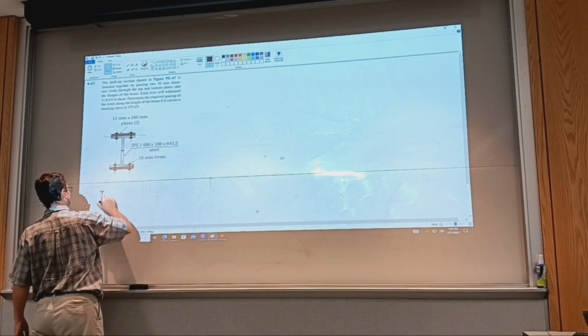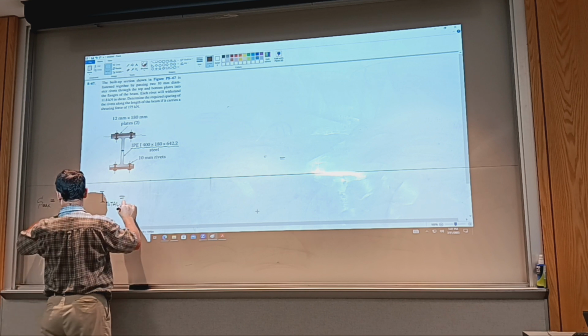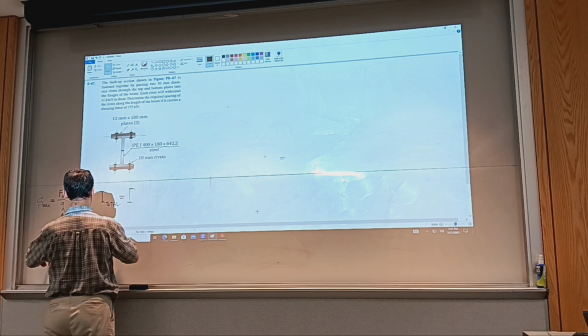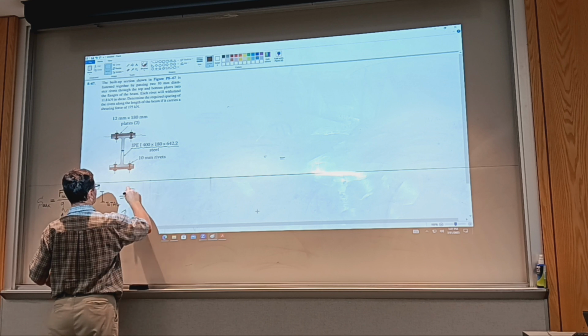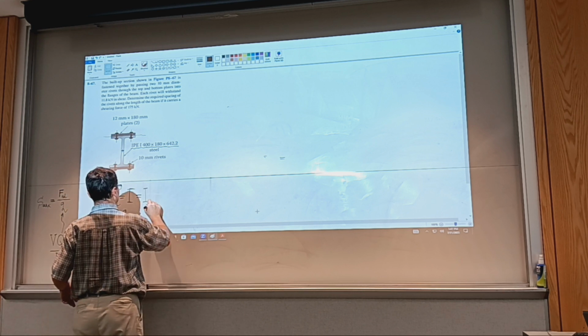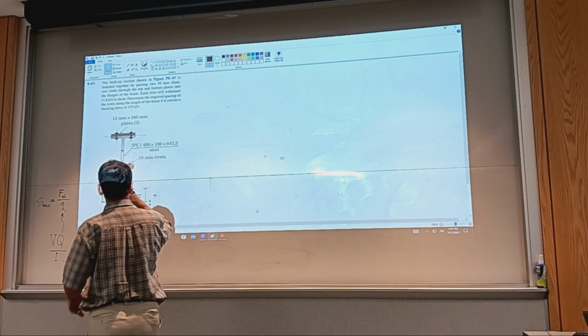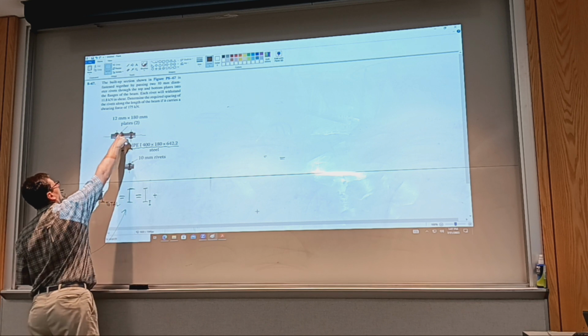Okay, so we have I total, which is from this equation, going to be I of the I-beam plus, and again, I know where the centroid is. The centroid will be at half distance.